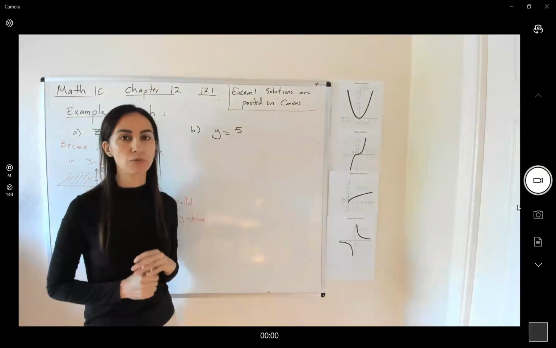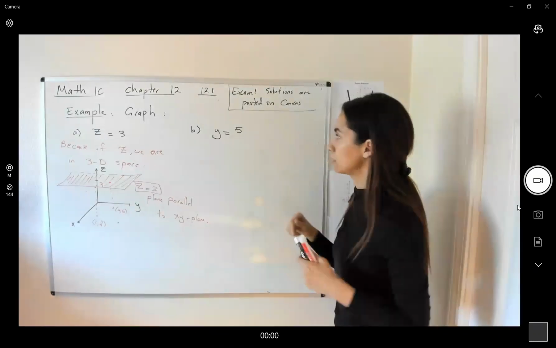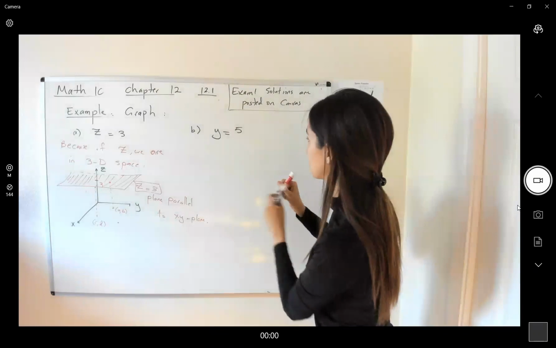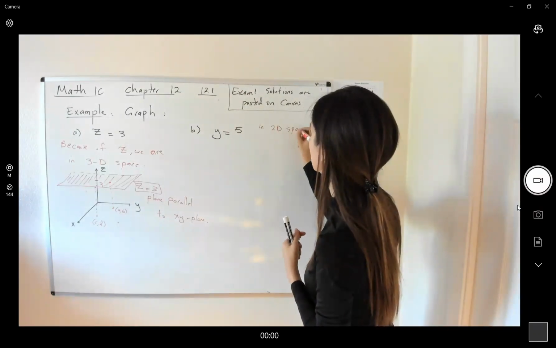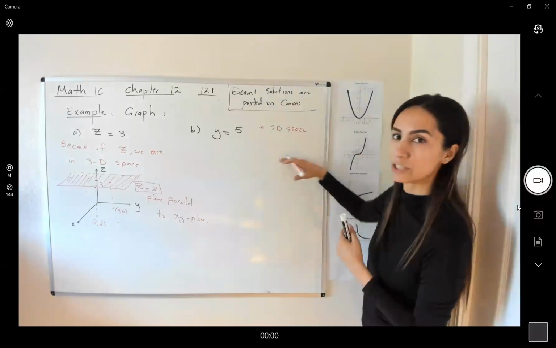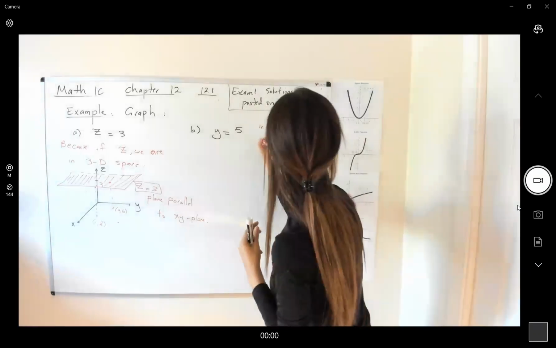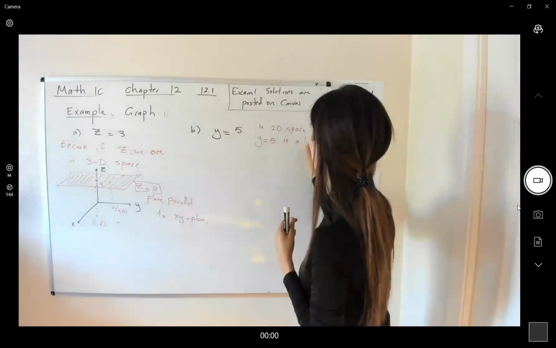What if I want to graph it in two-dimensional space? Of course, when I say that y is equal to 5, it's just a line. So in two-dimensional space, this equation, y equals 5, is just a flat or horizontal line.